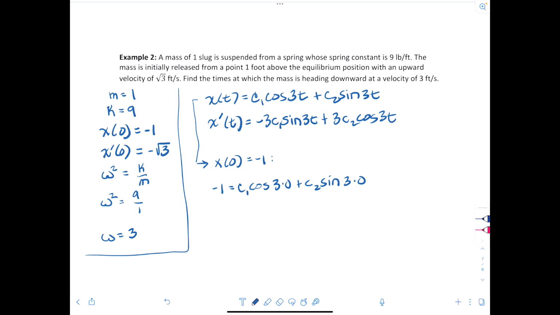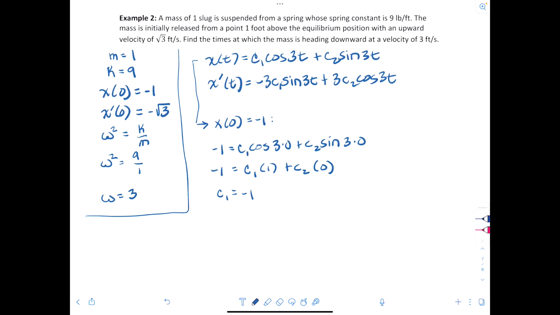Cool so far? Groovy. So then negative 1 will be C1 times cosine at 0 is 1, right? Plus C2 sine at 0 is 0. So C1 is negative 1.